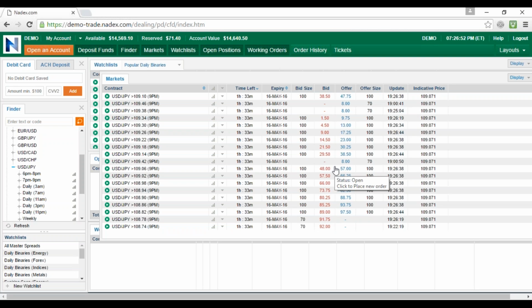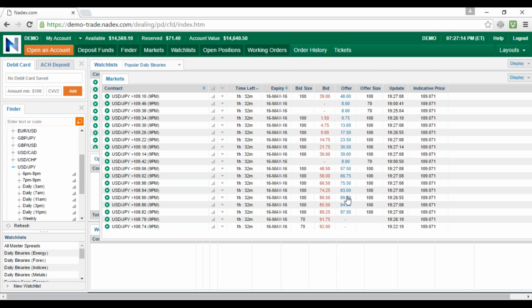So when the market's right at it before expiration, it's going to be priced right around 50, because it's still kind of 50-50 probability, right? It's kind of right on the fence, go one way or the other. All right, does that make sense? Right in the middle, 50 bucks. When it's way far out there, the market's got to really move, it's going to be priced a lot lower.